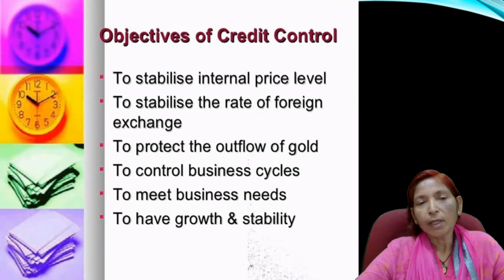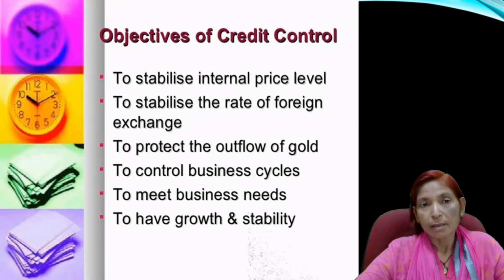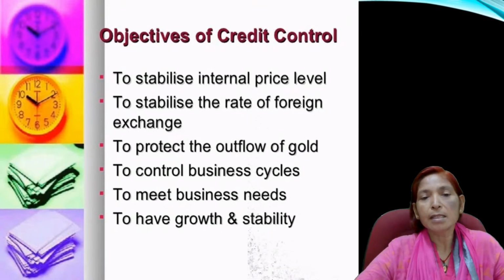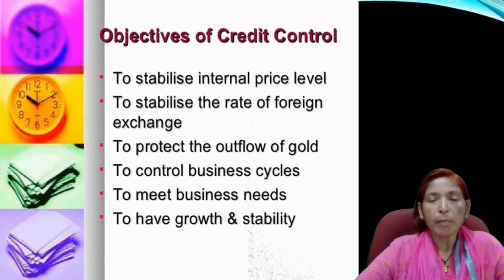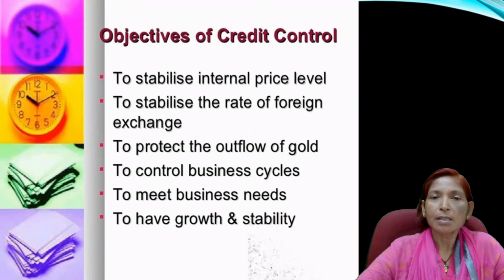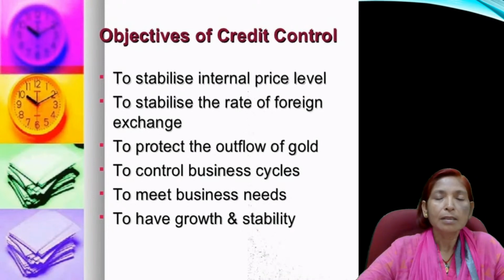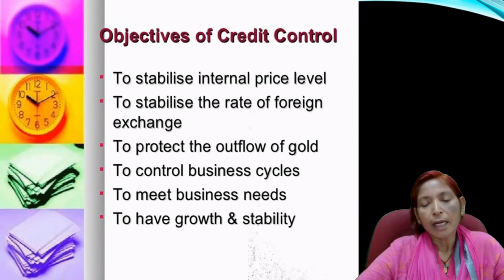Now, first of all, what are the main objectives of credit control? What is the main purpose or goal behind this credit control? The main purpose of credit control is to stabilize the internal price level, to stabilize the rate of foreign exchange, to protect against the outflow of gold, to control business cycles, to meet business needs, and to have growth and stability.